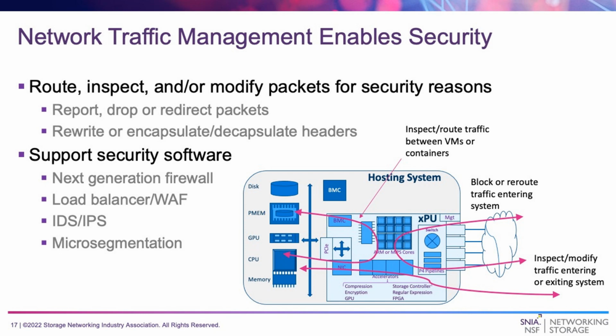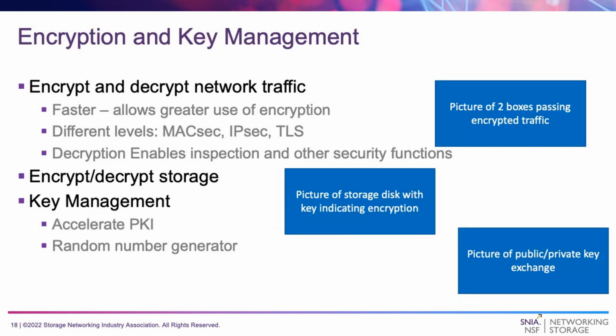Or in some cases, the agent or part or all of that security software can run on the xPU itself, because most of the xPUs have some kind of CPU cores, like ARM or MIPS cores, or RISC-V cores, and also have different accelerators that specialize in networking and I/O. So just being able to manage or inspect or control the traffic gives you the ability to run a lot of security functionality from the network side on the xPU.